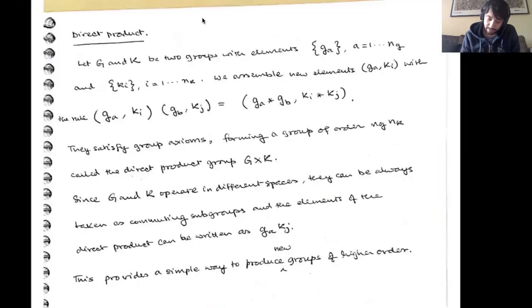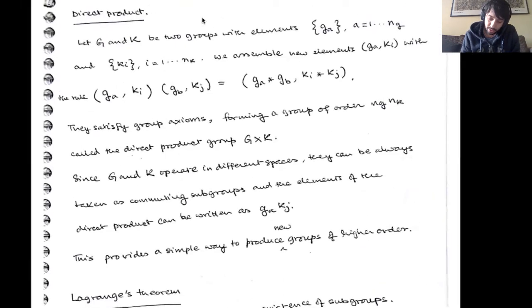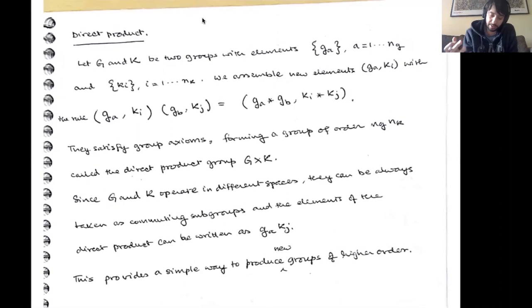Let's end with trying to understand what direct product means. Let G and K be two groups, and these have elements Ga and Ki, where a runs from 1 to NG, and i runs from 1 to NK. We can now assemble new elements, which will be the duplex of Ga and Ki.